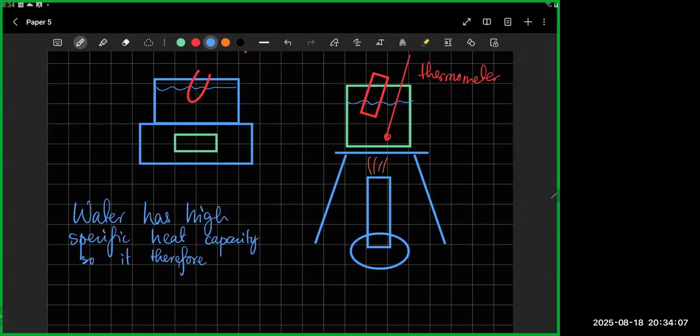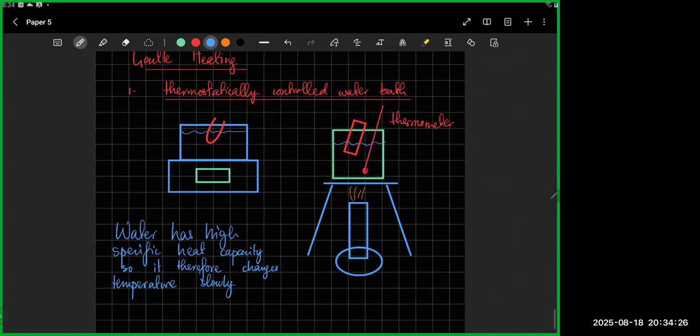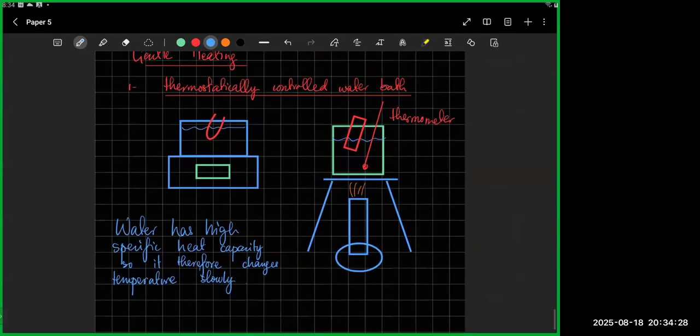So what it does is it therefore changes temperature slowly. So it's kind of very stable to temperature change. Which is why normally a water bath is good. Plus, the upside is that you can gently heat it.